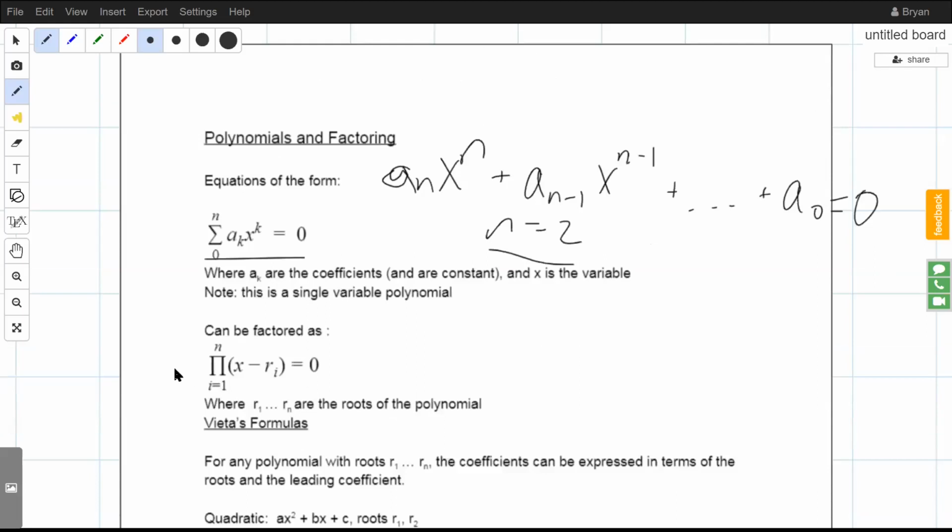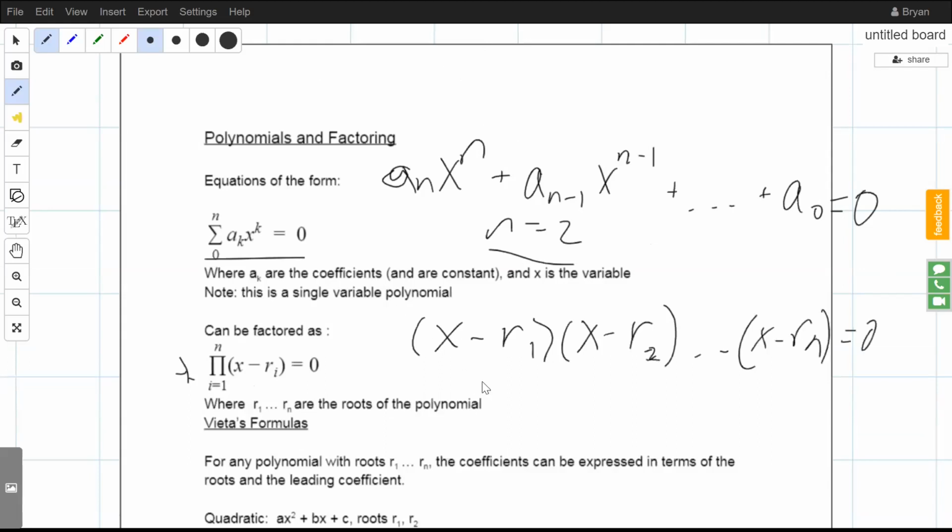And one special property they have is that every single one of them can be factored as a product of x minus some number, I should use r, where these r's are all either complex or real numbers. Well, actually, real numbers are part of the complex numbers.